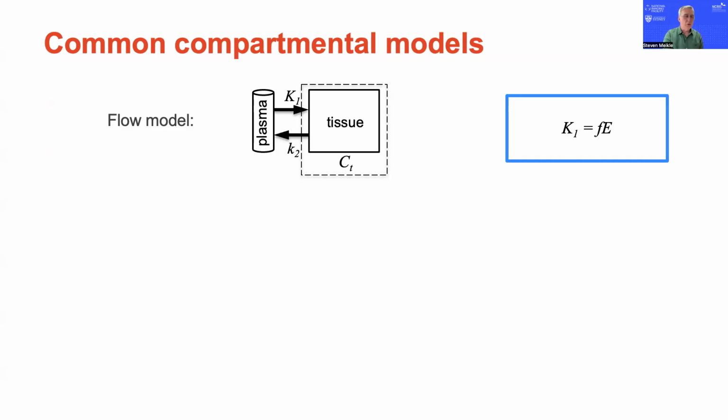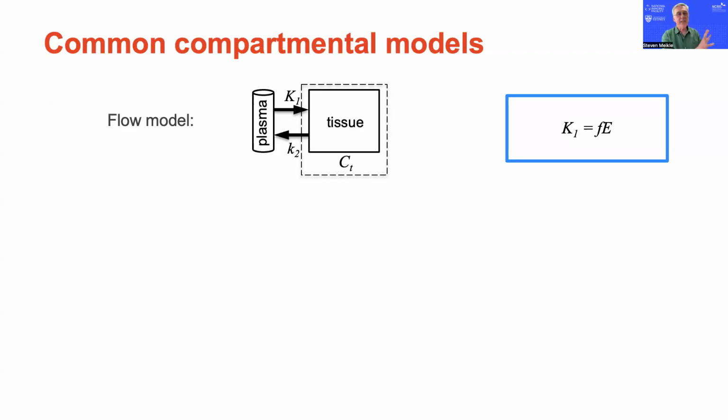And then I'm just going to show on this slide 3 very common compartmental models that we use in PET. In fact, I think all 3 we're going to use in the tutorial. So the first one is the flow model that's often used to describe freely diffusible tracers for measuring blood flow. So we usually represent that by a single tissue compartment.